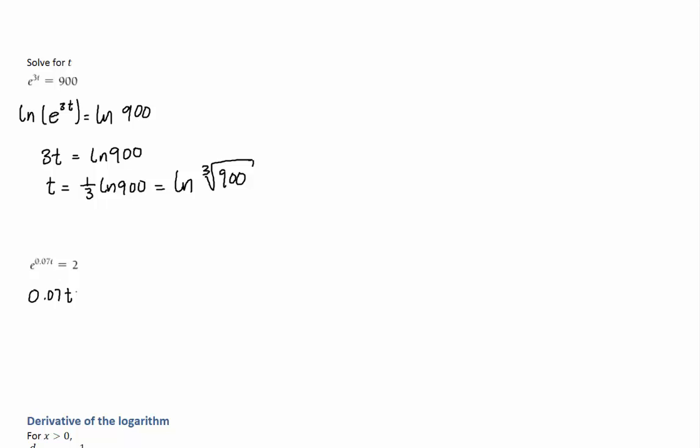I'm skipping a step and I shouldn't do that. Let me go back. Let me take the natural logarithm, and then this gives me 0.07t equals natural log of 2, and then I can divide both sides by 0.07.